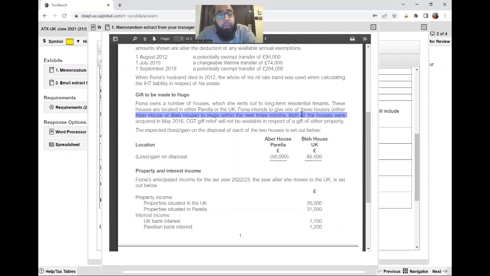Both houses were acquired in May 2016. CGT gift relief will not be available in respect of a gift of either property. Aber House is located in Kerala and Blab House is located in the UK. On Aber House we will have a loss; on Blab House we will have a gain.